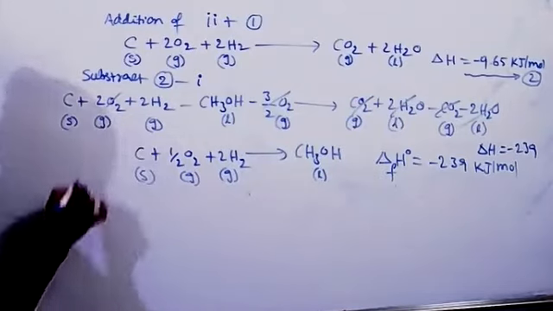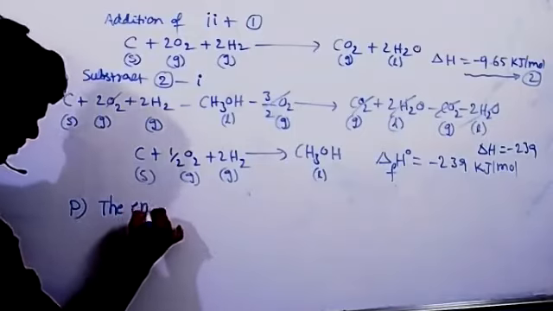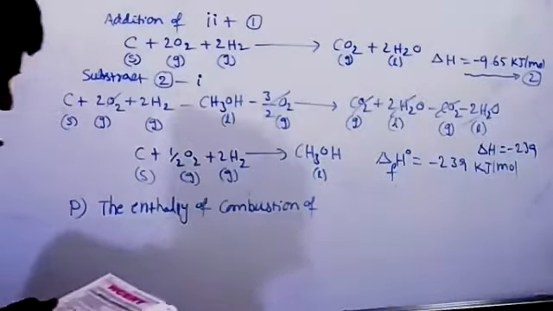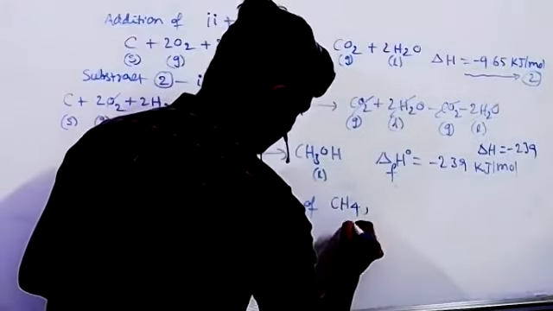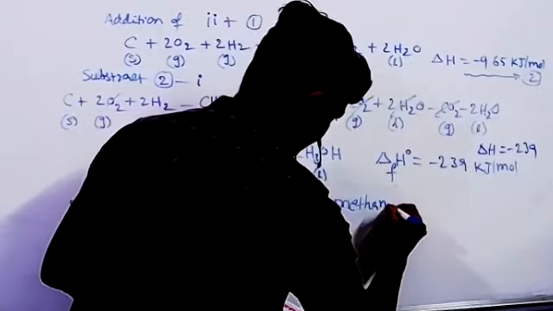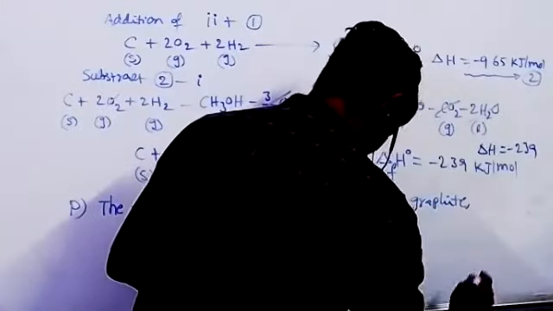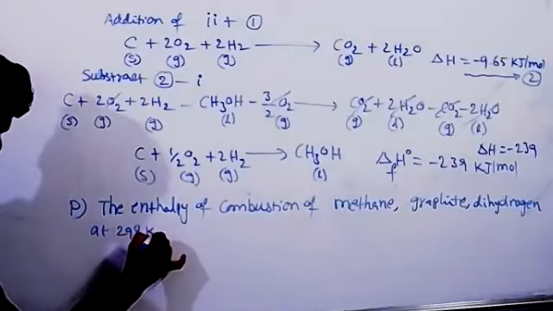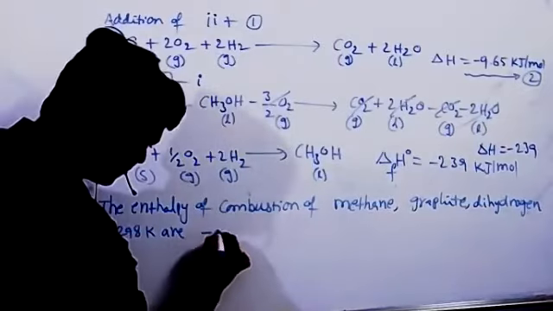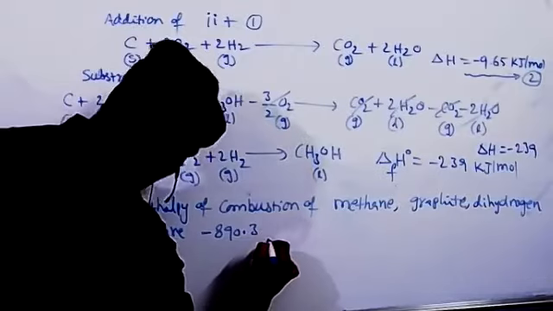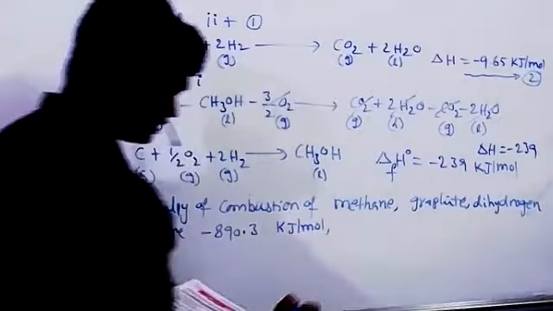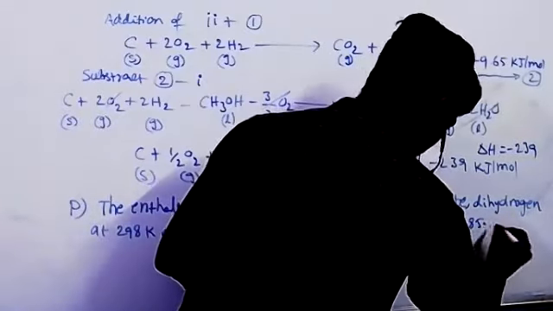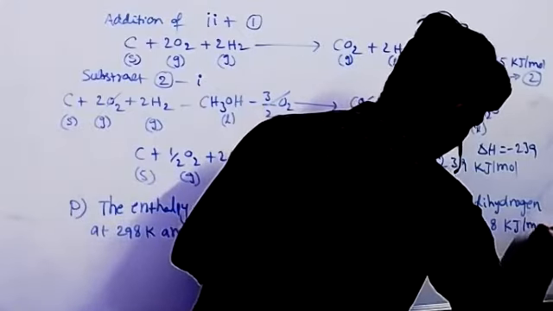Next problem, try this yourself. The enthalpy of combustion of methane, graphite, and dihydrogen at 298 Kelvin are given as standard values: minus 890.3 kilojoule per mole, minus 393.5 kilojoule per mole, and minus 285.8 kilojoule per mole, respectively.